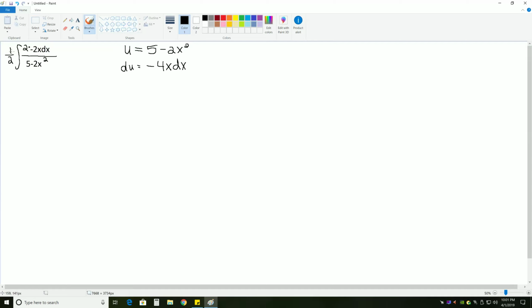So doing so, we've multiplied by 1/2 times 2, which is like multiplying by 1, so we haven't changed the problem. Now rewriting this, we have 1/2 times the integral of negative 4x dx over 5 minus 2x squared.